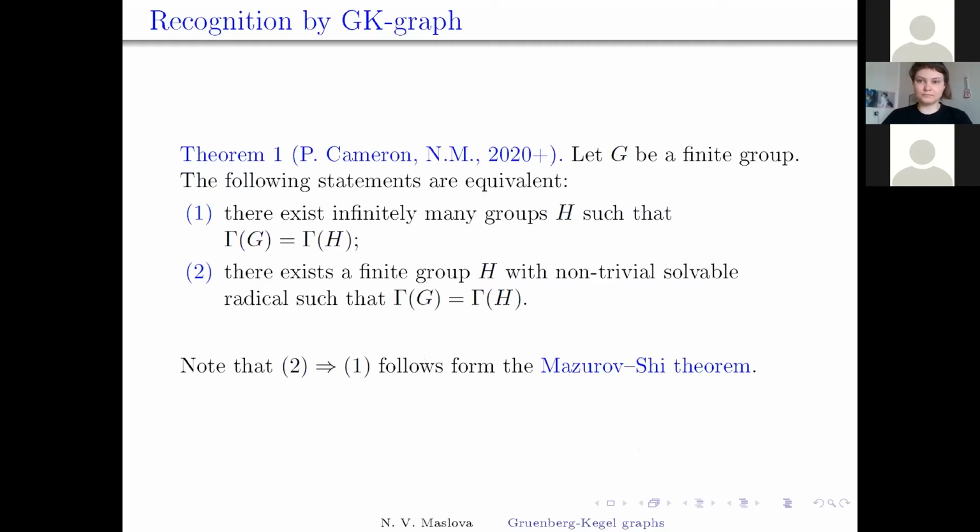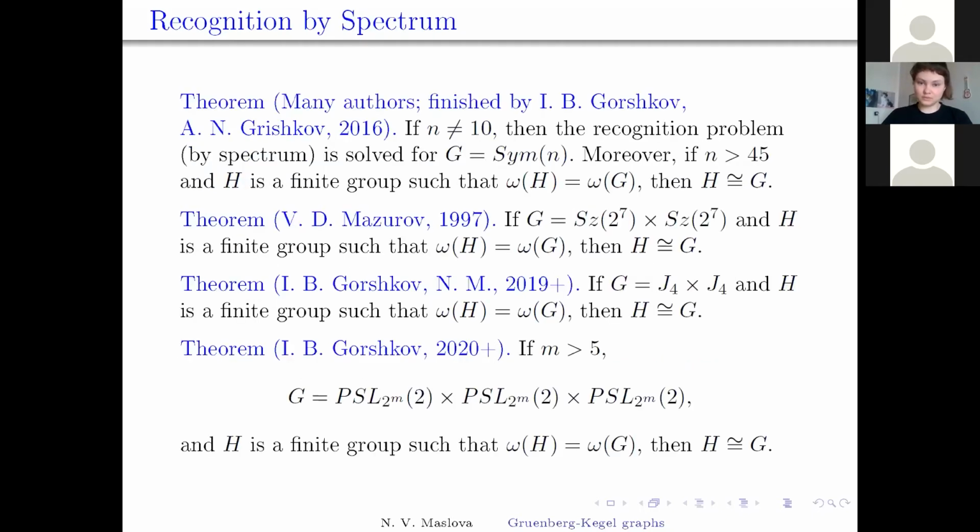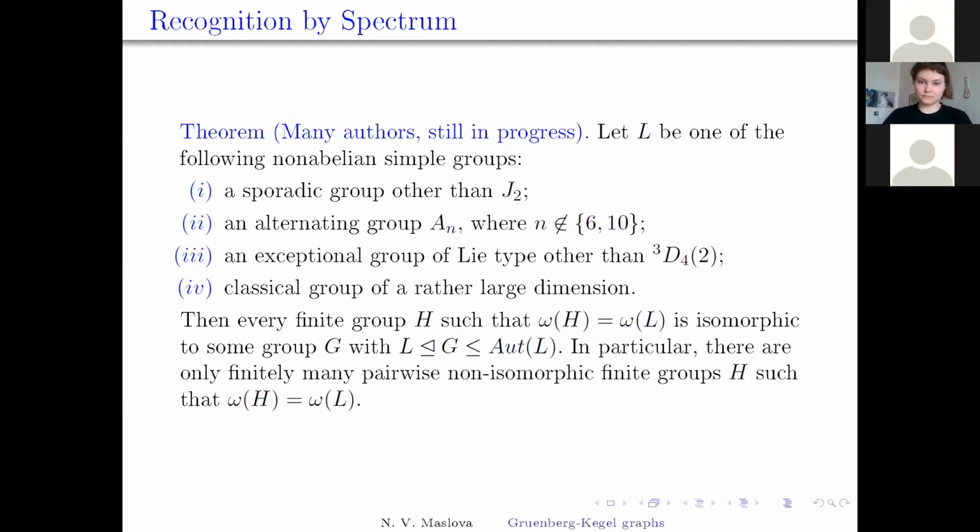Natalia, I'm sorry. May I ask you just a simple question? On the previous slide, there is the theorem, and what does it mean, many authors and still in progress? How many? Who are the authors? Many authors. Let me recall by memory.